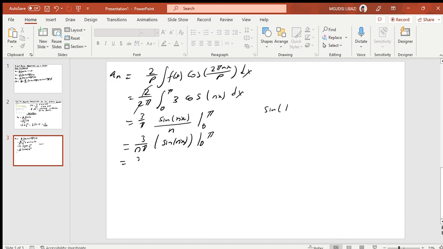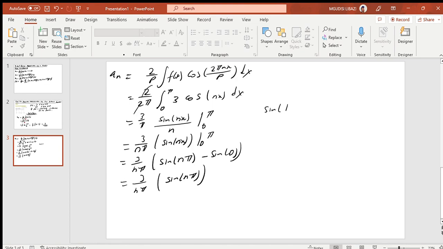So that's going to be 3 over n pi times sine of n, in place of x we put pi, minus sine of 0, which is just 0. So I have 3 over n pi times sine of n pi, because the other side will be 0.